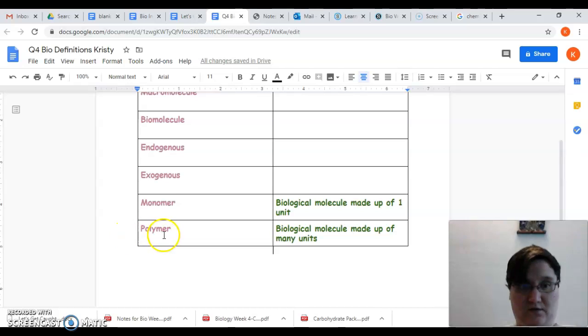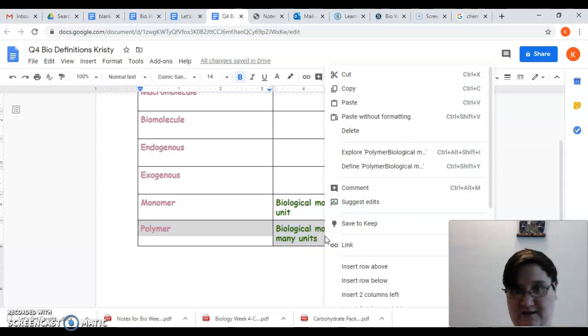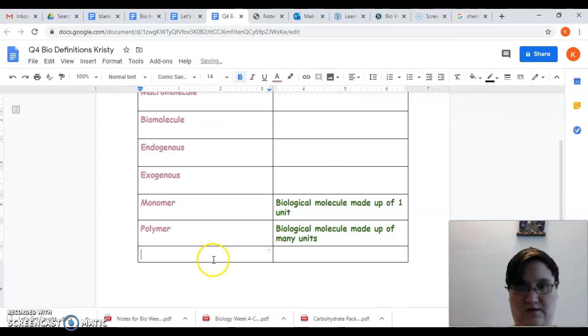Okay, so again, we're just going to scroll over it for right now. We're going to right click and go insert row below. We're going to do the same thing 5 times.